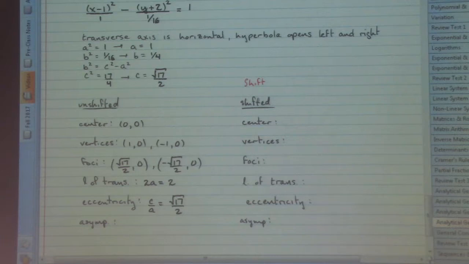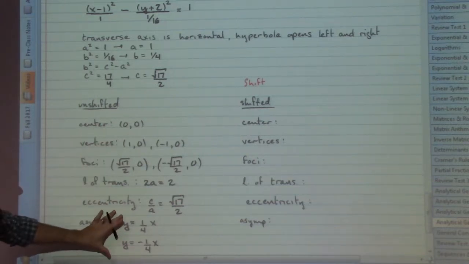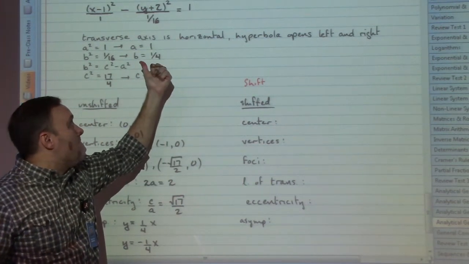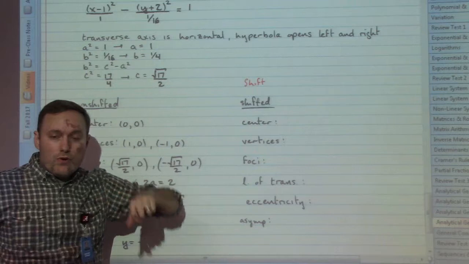My asymptotes would be based on y equals plus or minus b over a. Well, b over a is going to be just 1/4. So y equals 1/4 x, and y equals negative 1/4 x. And now I can take all of those unshifted pieces of information and use my shifting information from the equation at the top of the screen that I have created.